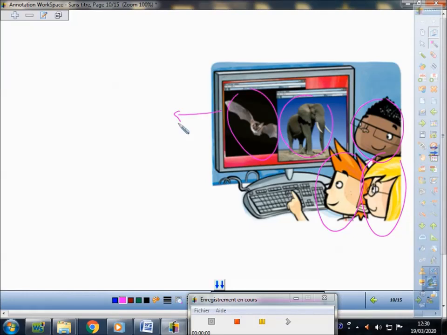Yes, right, it's a bat. Do you know the film Batman? Then, on the right side of the computer screen, we have the elephant. Do you like elephants? I love elephants.